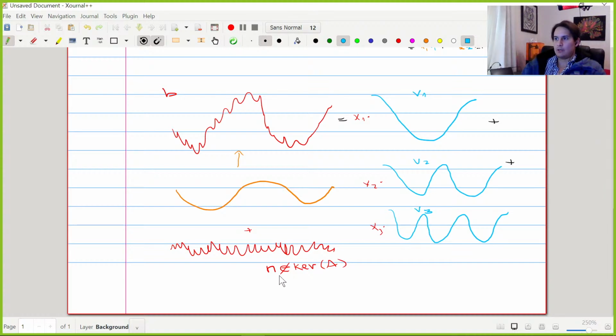If it could be represented by our basis vectors, there would be no gain in doing this denoising because you'd basically have the same signal.